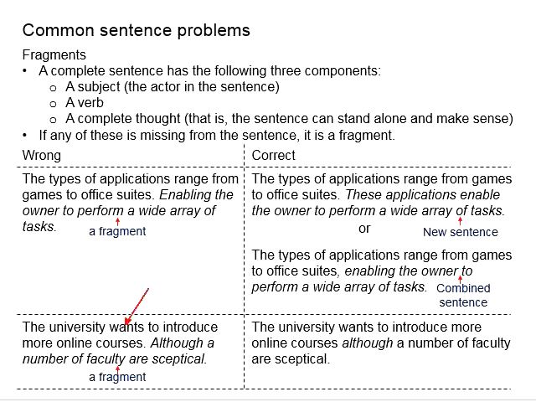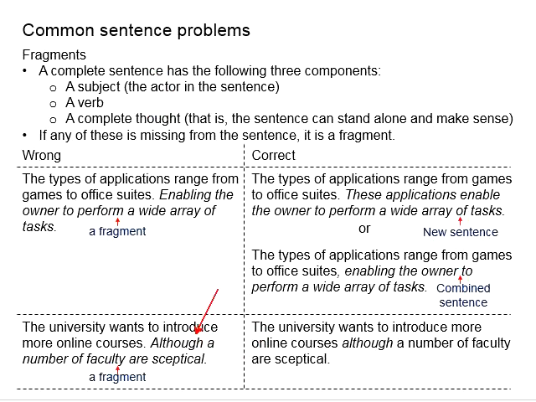Let us look at the second example here. The university wants to introduce more online courses, although a number of faculties are skeptical. The second sentence here is a fragment. It is not a standalone sentence, and it lacks a complete thought.